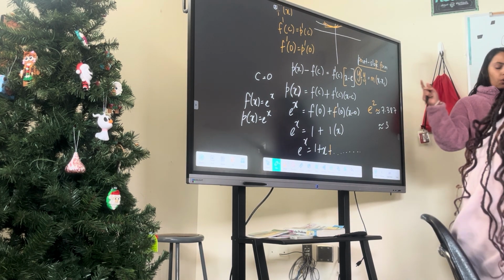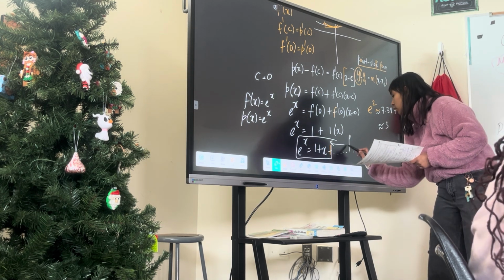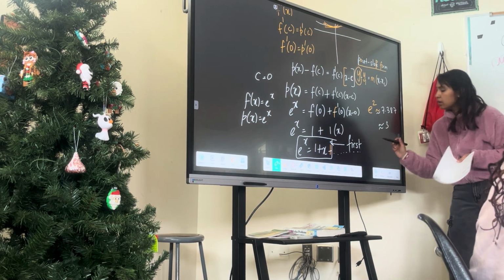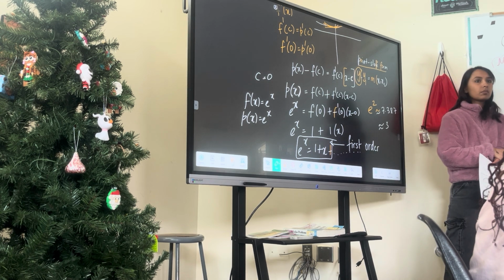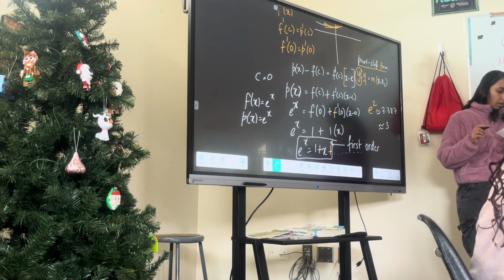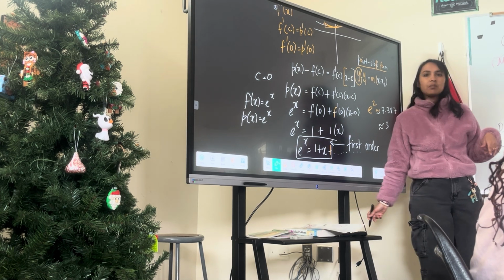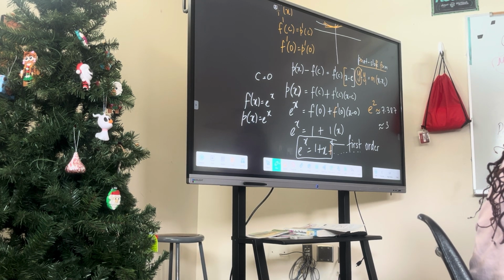Okay, so this one is called the first order approximation. You might want to write this down somewhere. Sometimes you will see the word first derivative or order, or degree, either way, it's all the same.